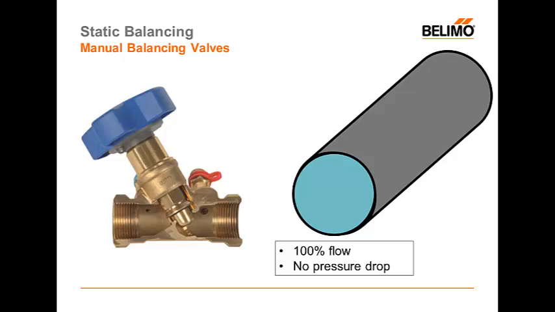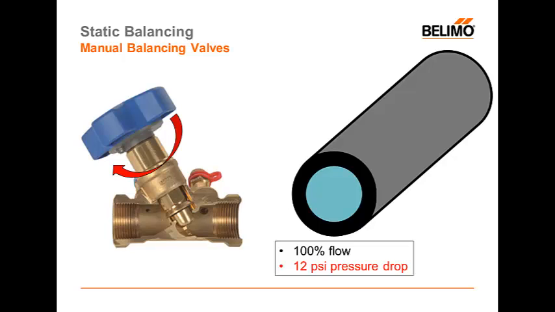And in order to get the 12 psi pressure drop, we'll turn the handle and we'll constrict the area through which the flow needs to go. And now we have 100% of the water pushing through a smaller area, and that creates the 12 psi pressure drop. This is a static condition. This is exactly what we're talking about with static balancing. At 100% of the flow, this balancing valve takes a 12-pound pressure drop.